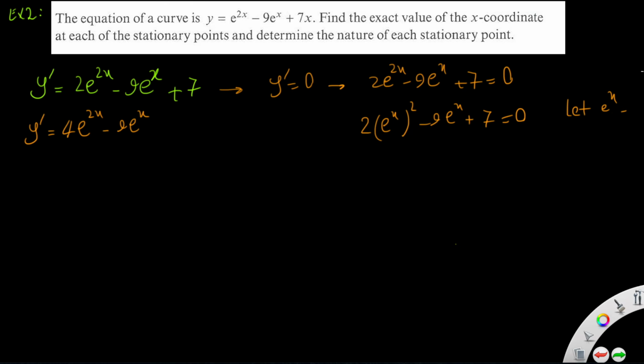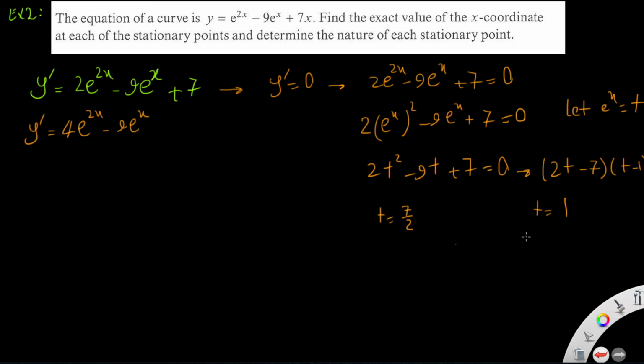In order not to confuse it with the y coordinate, I change it to t. 2t squared minus 9t plus 7 is equal to 0. If you factorize it, it would be 2t minus 7 times t minus 1 equal to 0. So t is 7 over 2 and the other is positive 1.